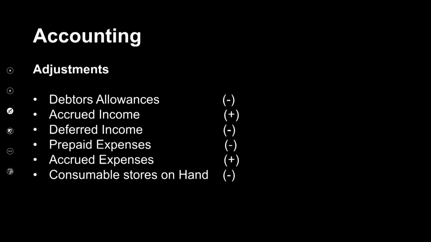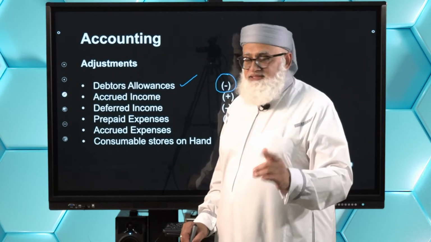Okay, this means therefore you now have to go in and do your adjustments. Which are your adjustments? I've alluded to debtors allowances. Remember, the minus sign indicates you will always subtract the amount. Sales less debtors allowances. Got that? Okay.